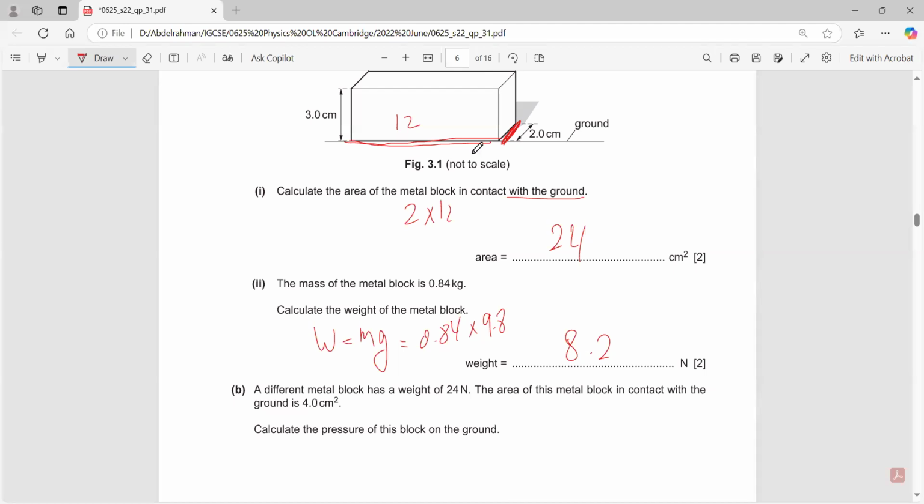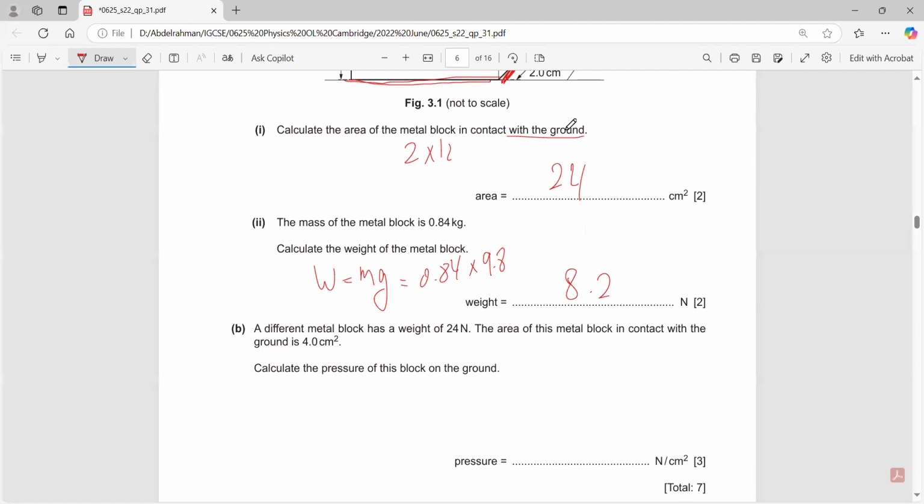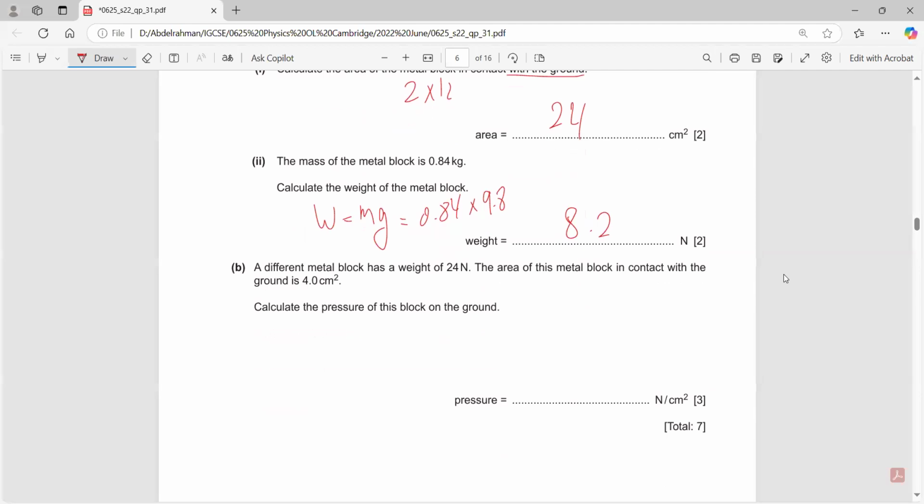A different metal block has a weight of 24. The area in contact with the ground is 4 centimeters squared. Can I find the pressure? Yes, pressure equals force over area. Force is 24, which is the weight, and the area in contact is for this other block. It's a different block. 24 divided by 4 is 6 newtons per centimeter squared.